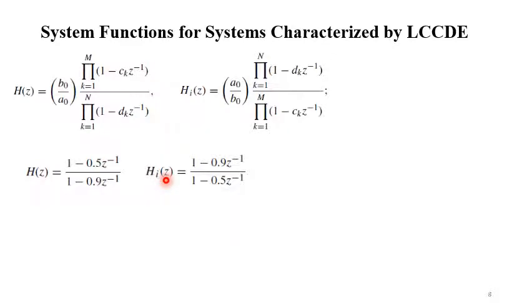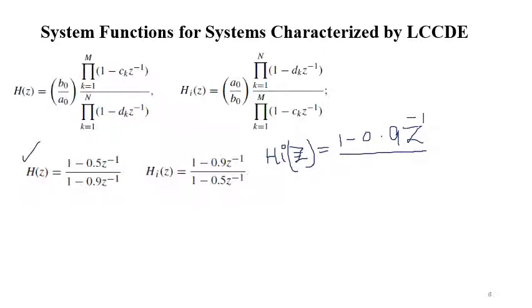So we can write H inverse of Z equal to 1 minus 0.9 Z inverse over, since the zeros of the original system will become poles of the inverse system, 1 minus 0.5 Z inverse.